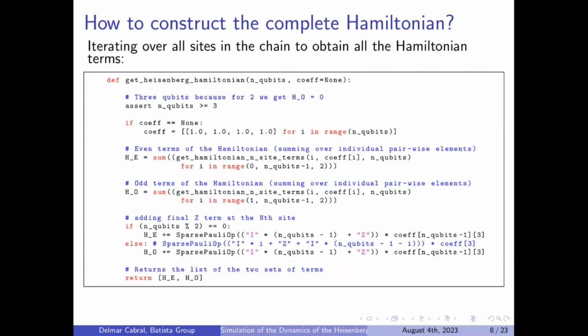So this is what this function accomplishes by supplying a number of qubits and a list of coefficients that is going to be used to populate that Hamiltonian. We obtain a sum of the even and the odd terms, and we return a list containing both.